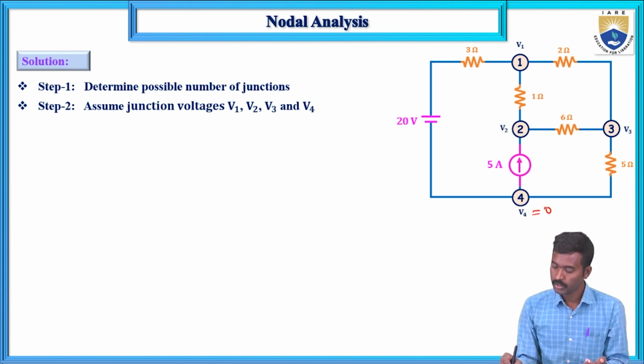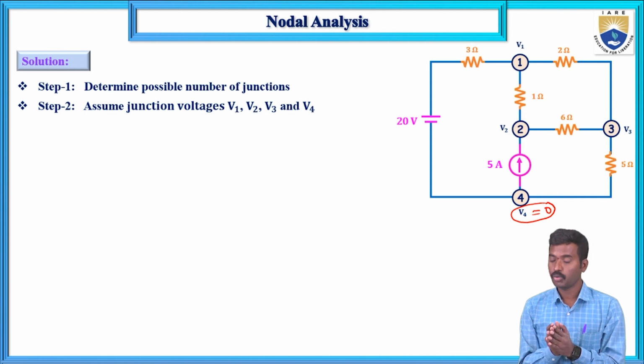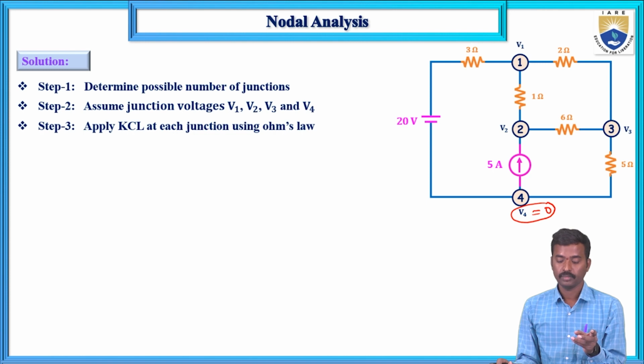Now here V4 value is 0. Select one junction as a reference junction. That reference junction voltage is 0. Except that reference junction, apply KCL at each junction using Ohm's law in terms of V1, V2, V3 and V4.